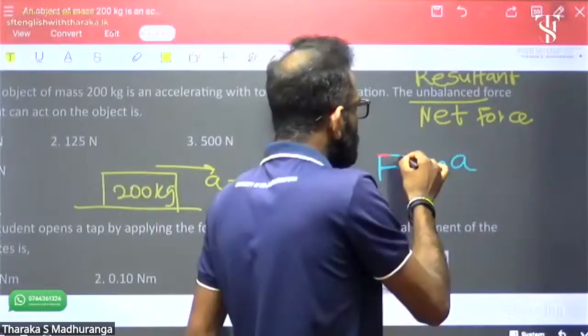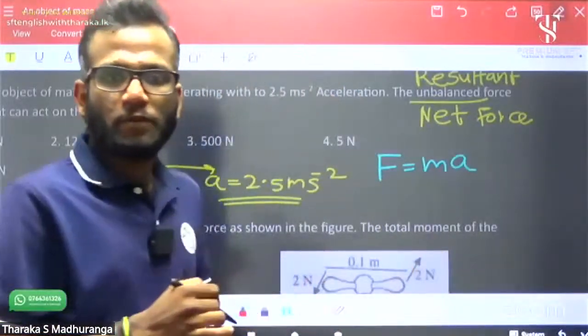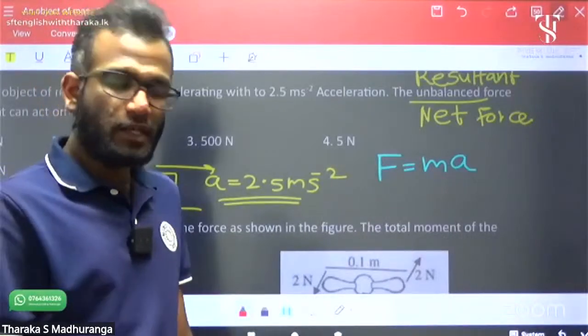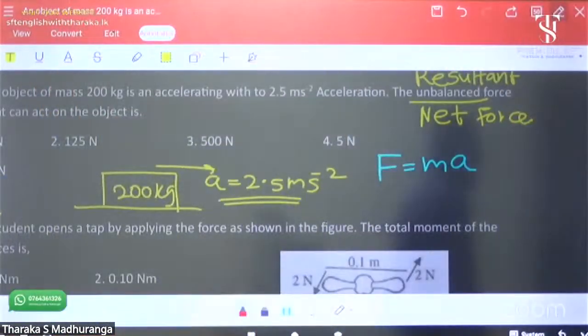Okay, what is the meaning of F? What's the name of the F? F equal ma, Newton's second law equation. What's the name of the F?